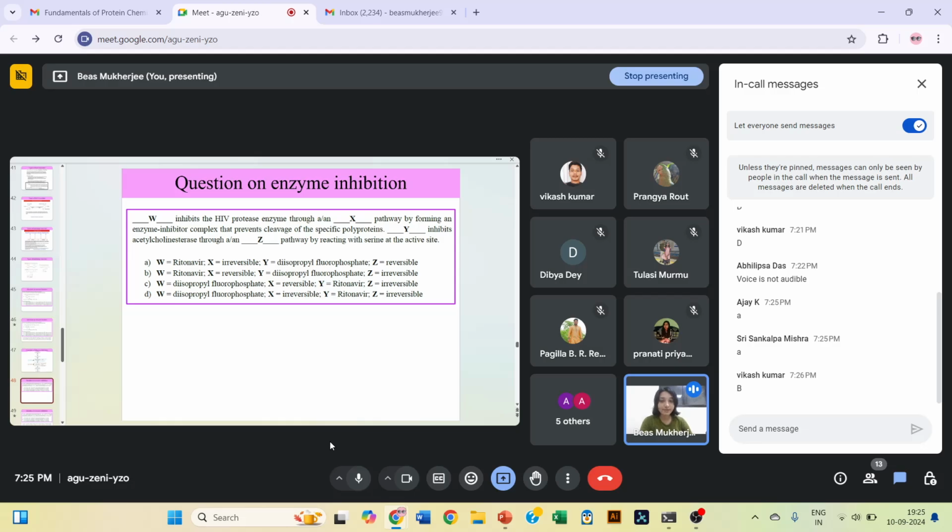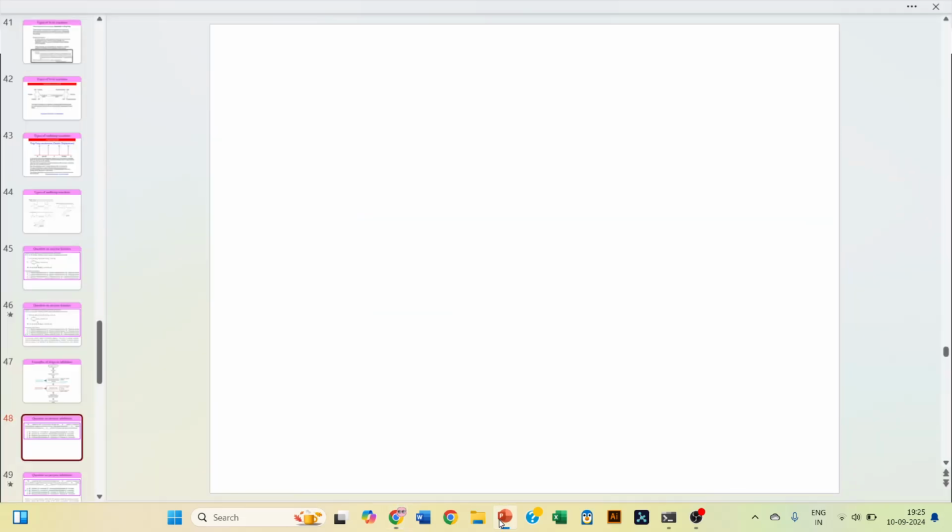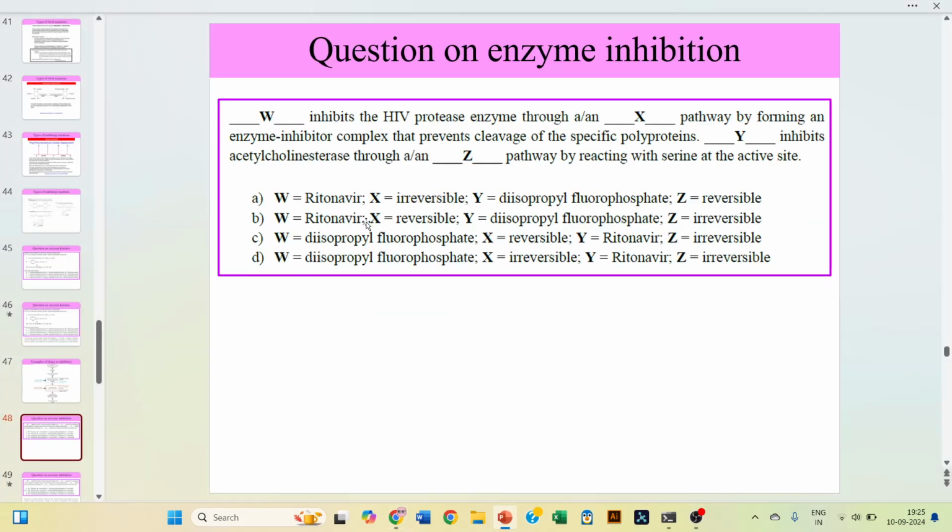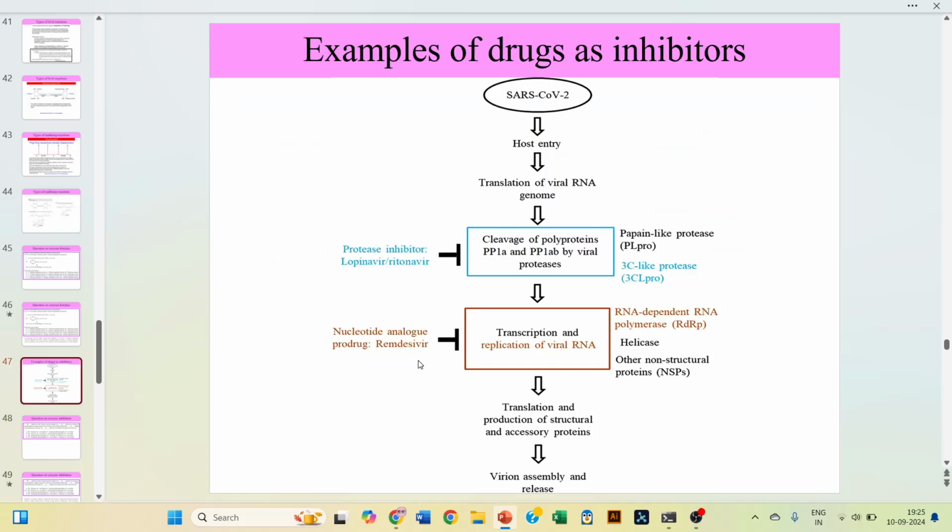Okay, A and B, these are the two that I'm getting. It will either be A or B, because we saw here that this was a protease inhibitor, right?